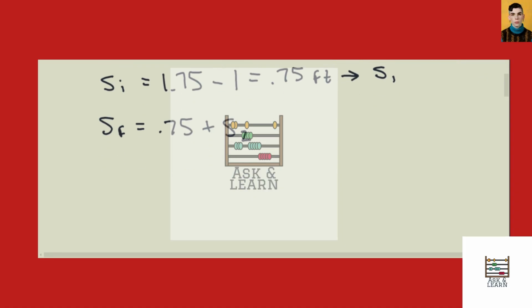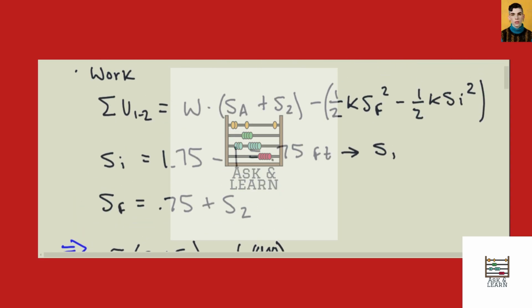So now let's plug this back in to our equation for work and plug in some of the values we know. So we have the weight of this block, which is 5 times parentheses SA is 3 feet, the distance the block travels, plus S2 minus 1/2 K, K is 400. And we're factoring out the 1/2 K since both have it.